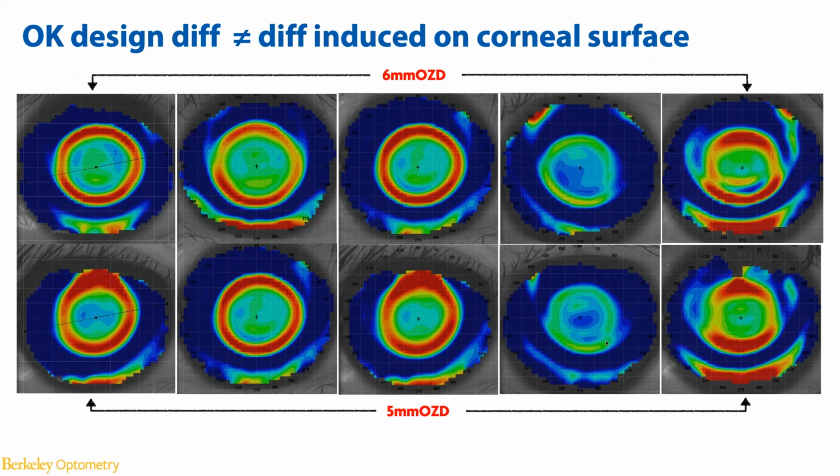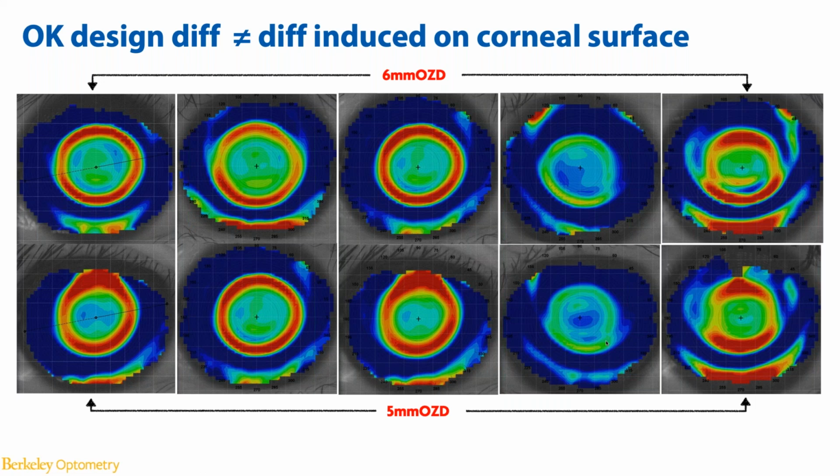So here I have randomly selected 5 pairs, or 5 eyes, showing you their topographical change with the 6mm design, and on the bottom row showing you their topographical change with the 5mm OZ design. And you can see there are two important points I want to emphasize.